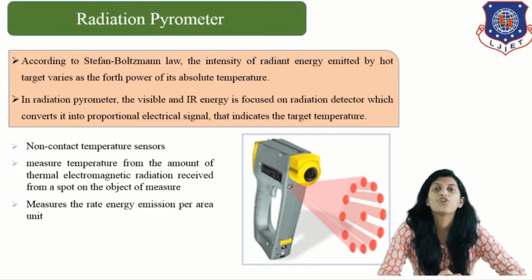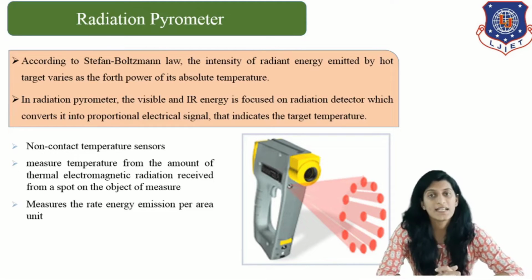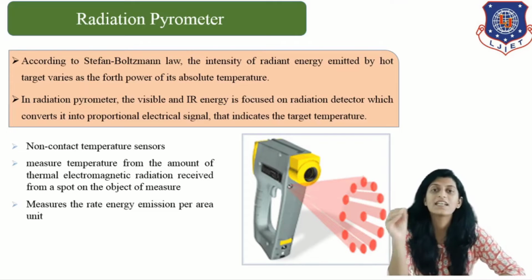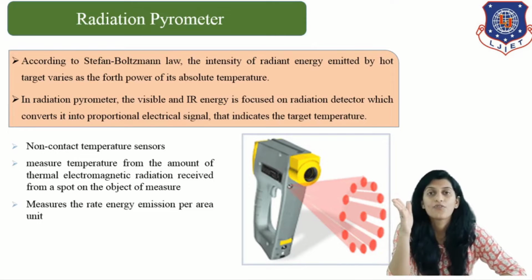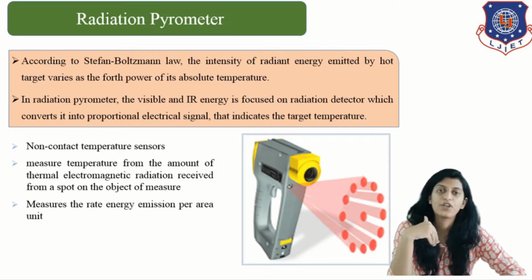Let's start with the first topic, which is radiation pyrometer. A radiation pyrometer is based on the Stefan-Boltzmann law. What does the Stefan-Boltzmann law state? It states that the intensity of radiation energy emitted by a hot body varies as the fourth power of its absolute temperature.